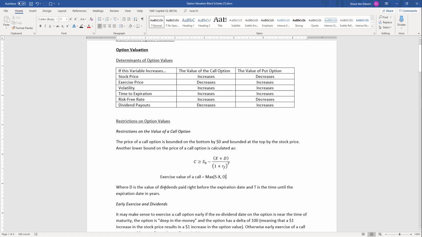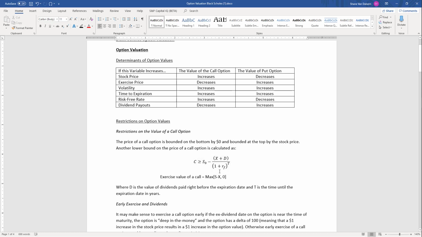Okay, so if the dividend is paid right before the expiration date, I assume I'm not going to receive that dividend, and so that's a cash flow I won't get. That's going to go to the person who sold me the option, plus the strike price, which I'm going to pay to the person who sold me the call option.